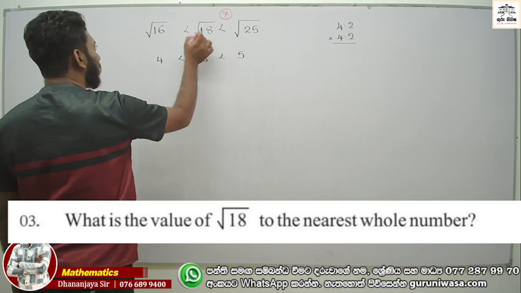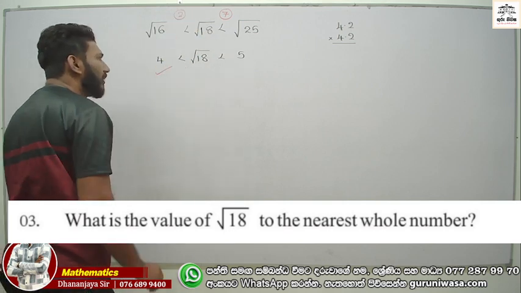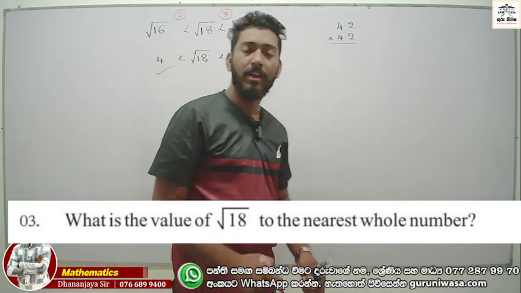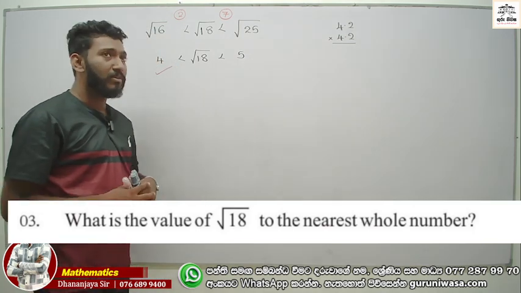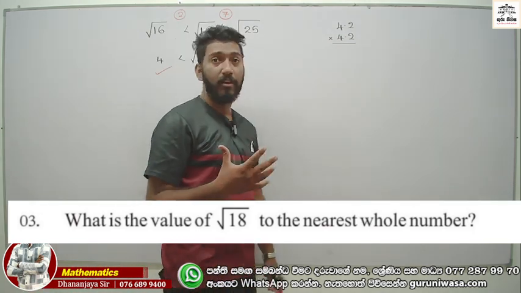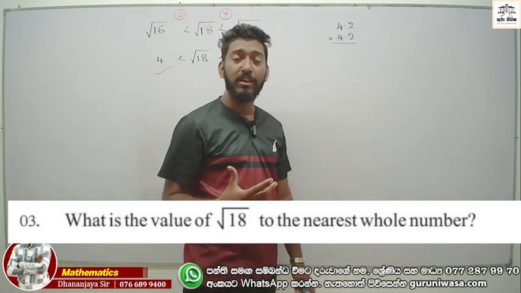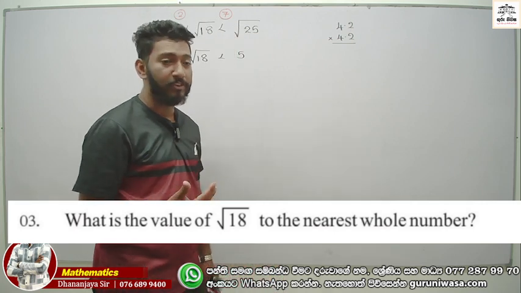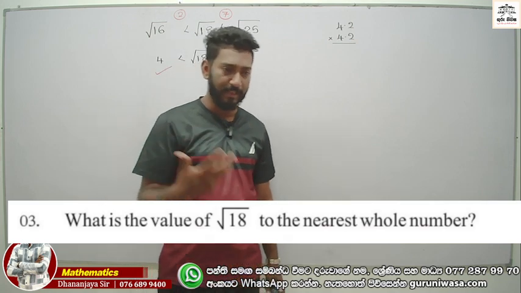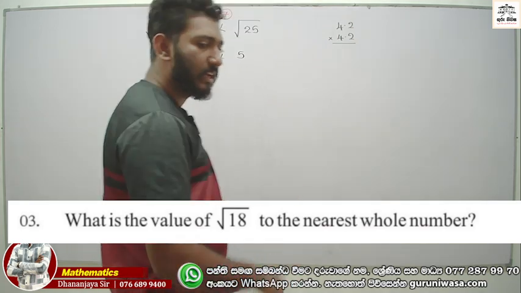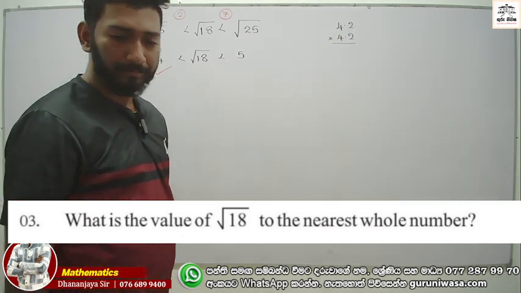Now the gap between 16 and 18 is 2. Therefore, the nearest whole number is 4. Understood, Situ? Do you understand? You don't need to calculate, you need to understand the answer. If we were asked to round to the nearest first decimal place, then you can write 4.2, 4.3, 4.1, like that. But in this question, the nearest whole number, the answer becomes 4.